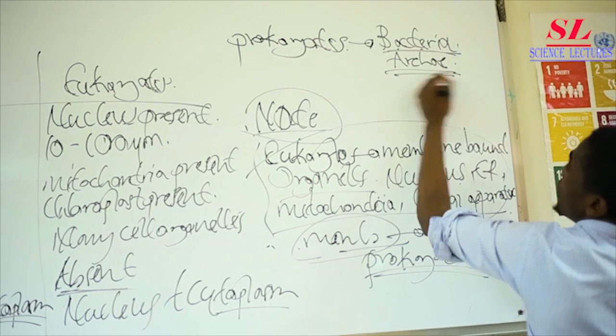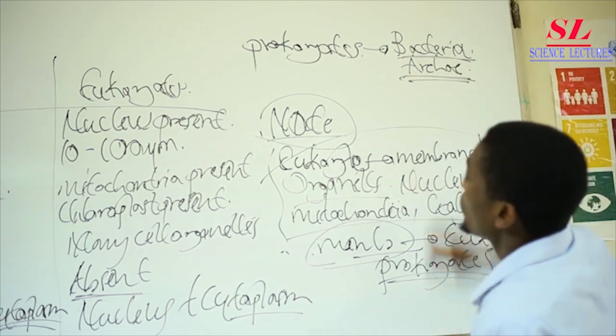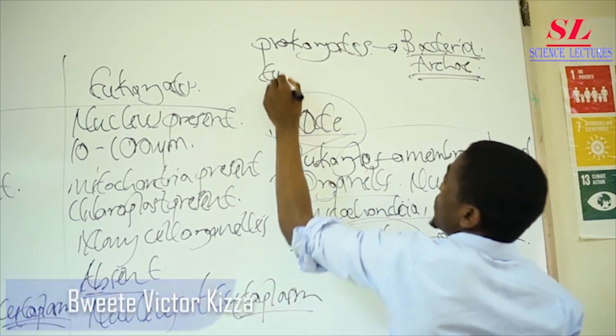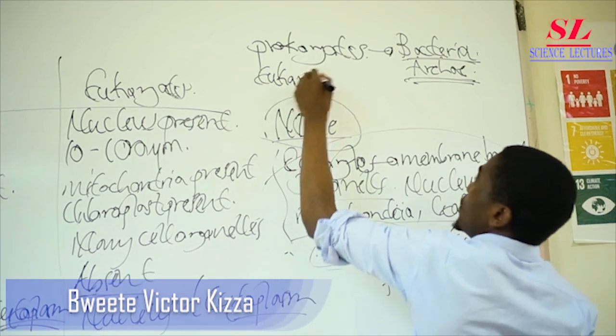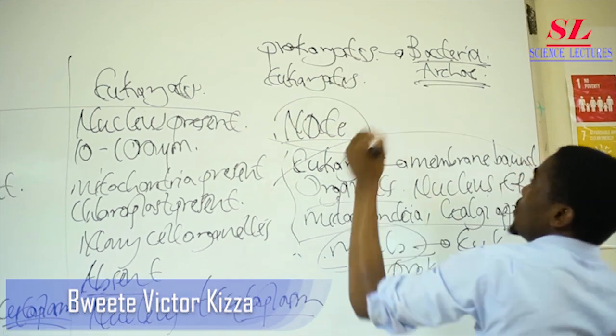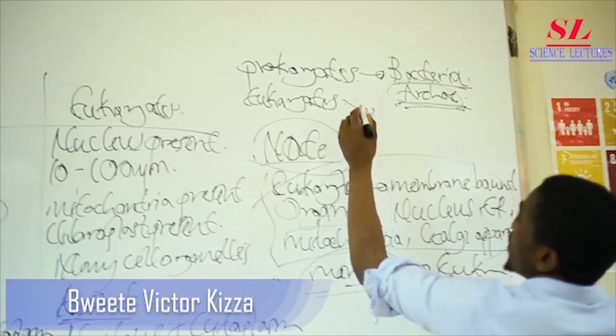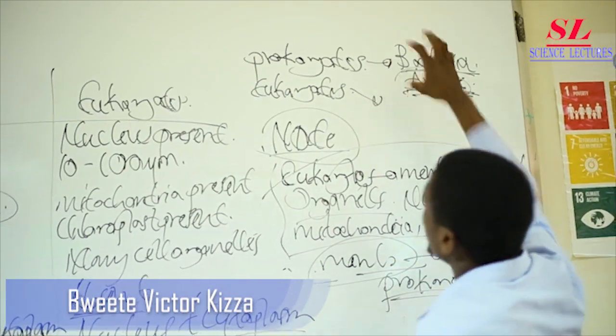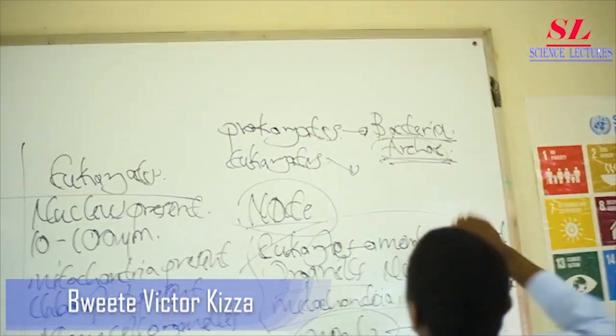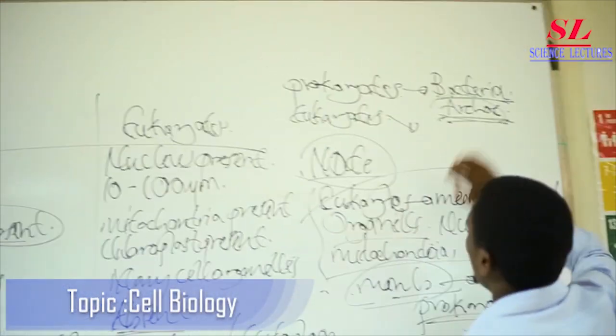So bacteria and archaea are some of the examples of prokaryotes. Then for eukaryotes, we can say in examples, prokaryotes can have bacteria and archaea.